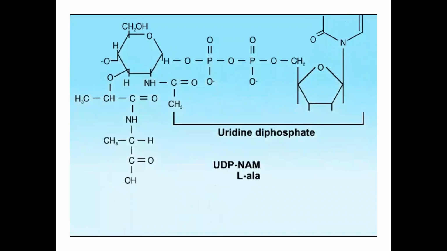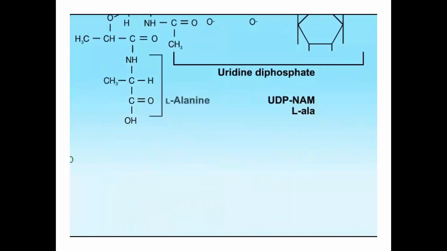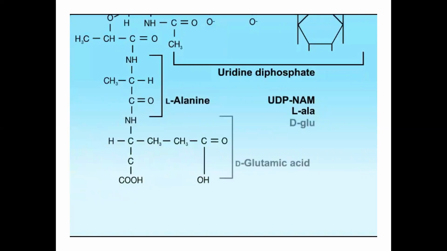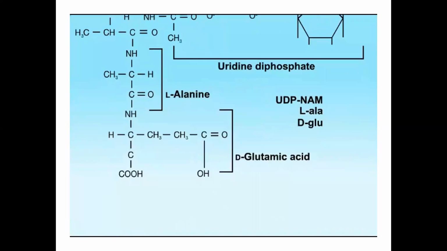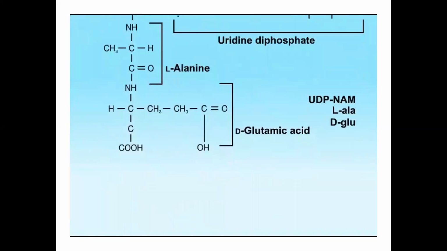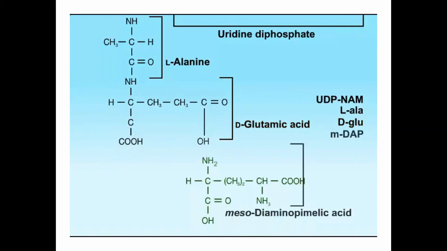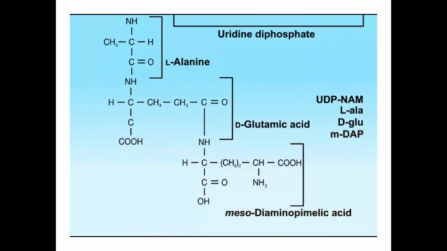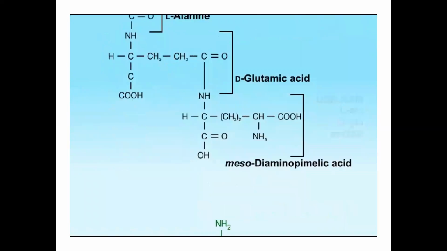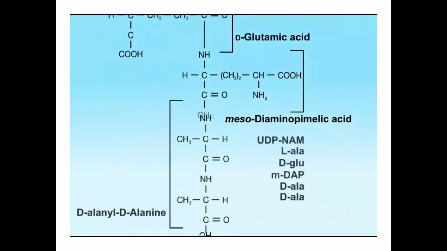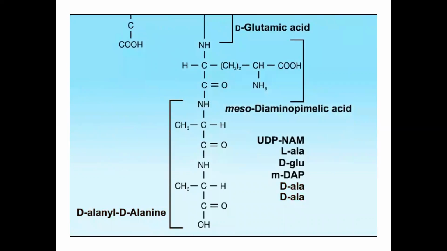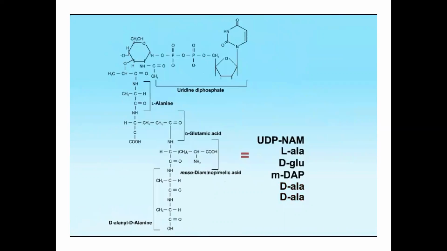Special adding enzymes are used to add these amino acids so that tRNA and ribosomes are not involved. In the case of Escherichia coli, L-alanine is added first, then D-glutamic acid, then meso-diaminopimelic acid. Finally, the dipeptide D-alanyl-D-alanine is added to form the pentapeptide side chain.